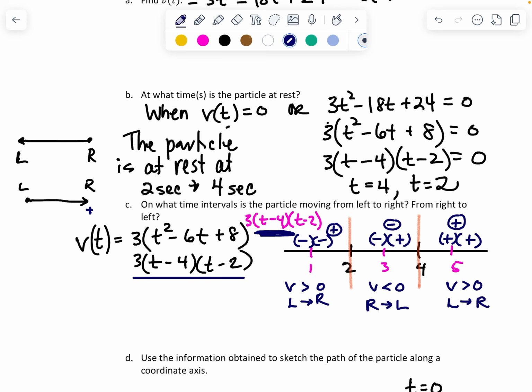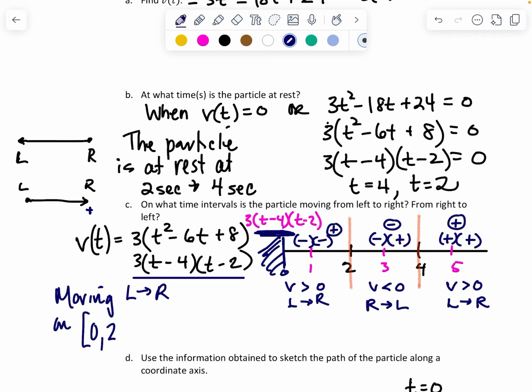So on what time intervals is the particle moving from left to right? From, and I think I'm going to put from 0, you begin at 0. So even though I have a 1 there, I probably close the shop up here. This is at 0. So it's moving left to right on 0 to 2.